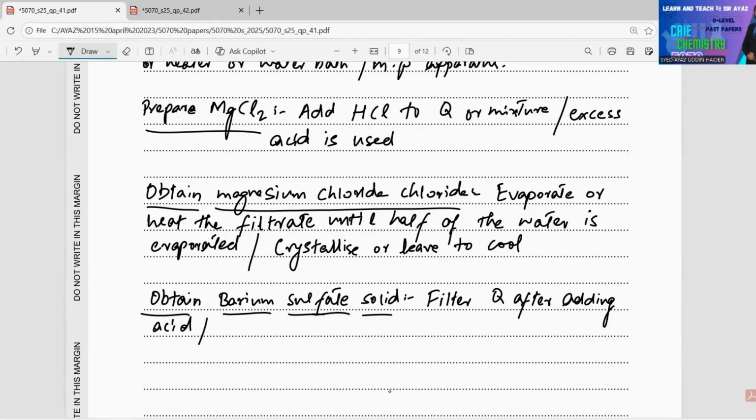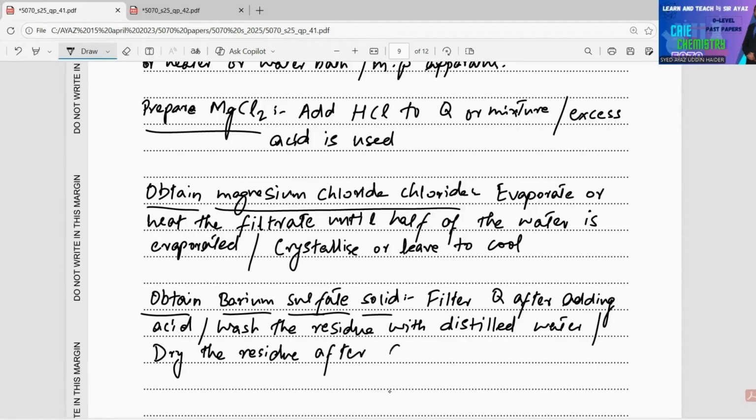Or you can write wash the residue with distilled water. Or you can write dry the residue after filtration of magnesium chloride.